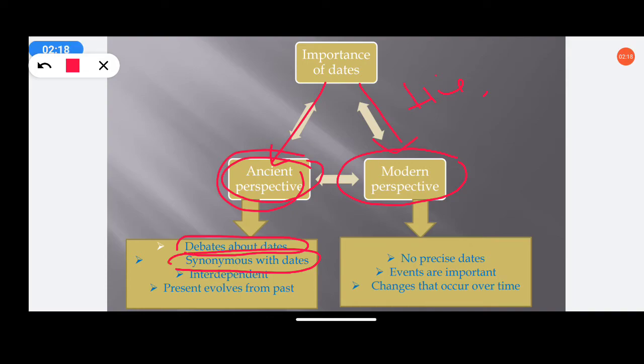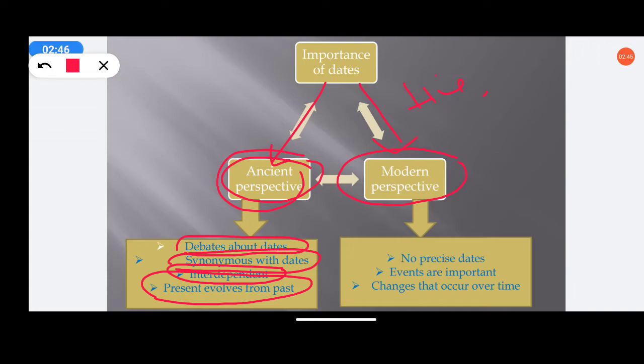Dates and history are interdependent on each other. It means history depends on dates and dates depend on history. According to ancient historians, the present evolves from the past. So in order to develop a proper understanding of the present, we need to look to its history.